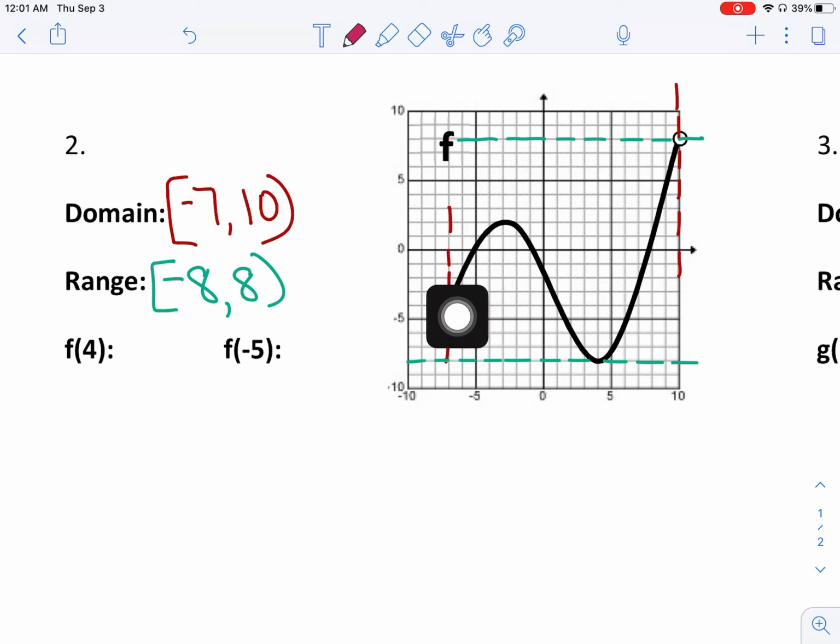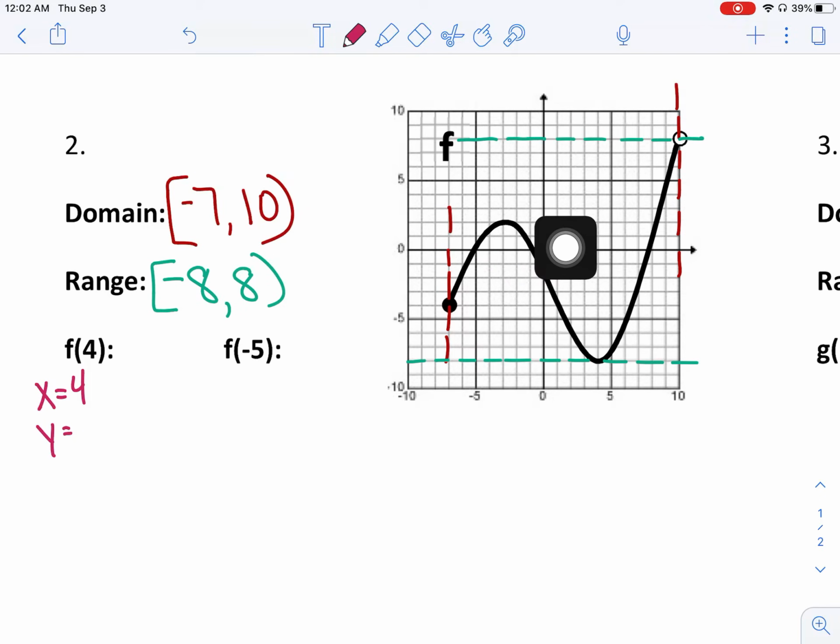All right, functions can have names, f of x, g of x, h of x, all right? So in this case, it's the f function. And this f of 4 is asking you, when x is equal to 4, what is the y value of the curve? So on my graph, I am going to go over to x equals 4.